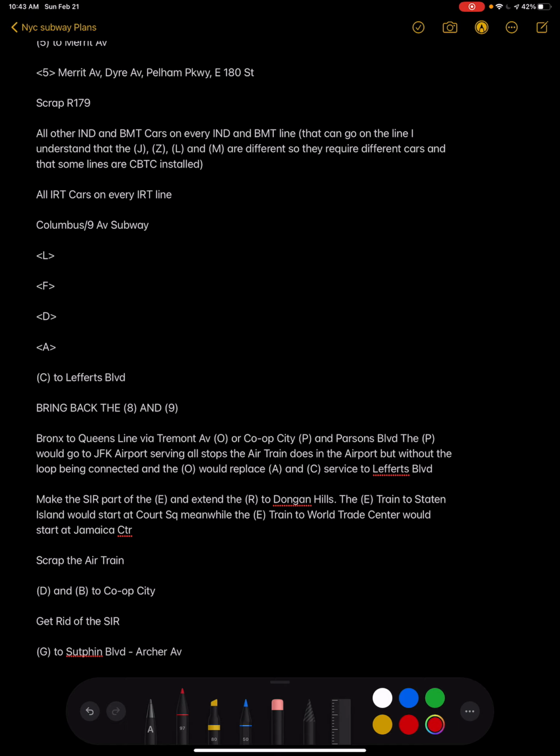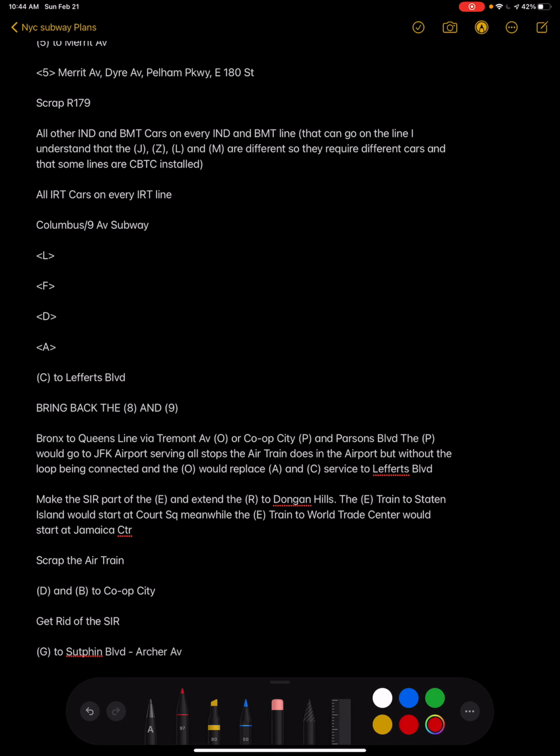But the Parsons Boulevard line would be pink, because it's not in existence yet, and we don't have a pink line in the subway system, but not like generic light pink. It would be like magenta, some sort of that color.